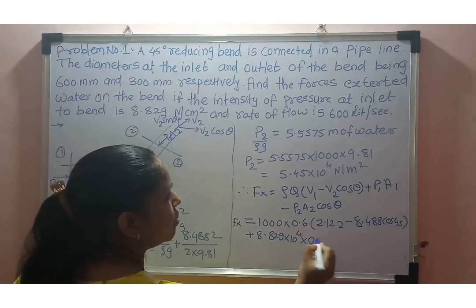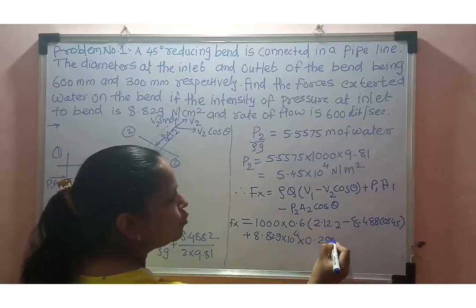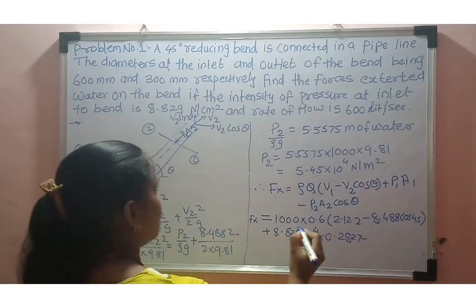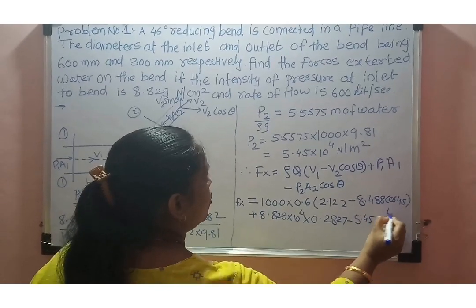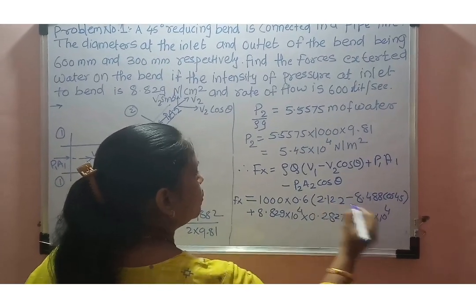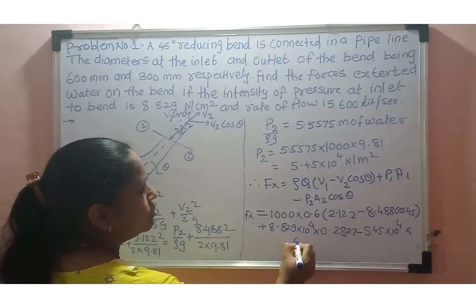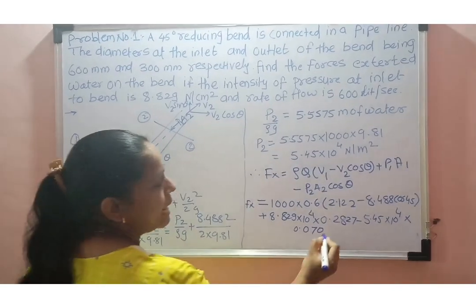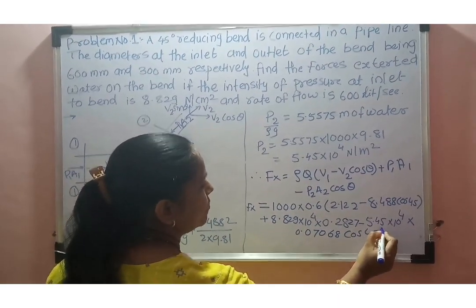A1 is the area of cross section at section 1, 0.2827, minus P2. P2 is equal to 5.45 into 10 raised to 4 into area, area is equal to 0.07068, cos 45.